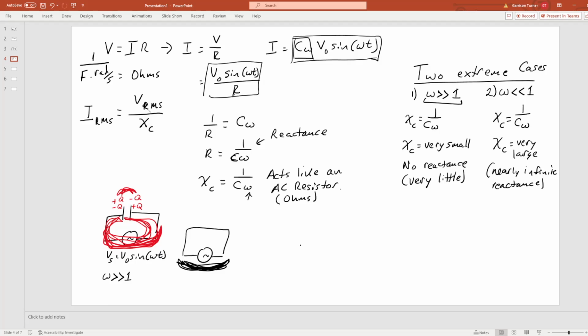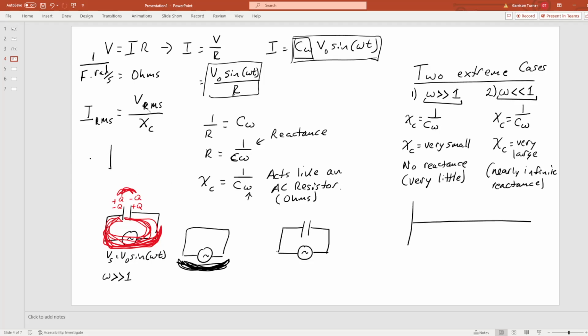Okay, and let's see why. So if I have a capacitor hooked up to an AC source, and my AC source is very, very small in terms of its angular frequency, what this means is that, okay, let me back up.